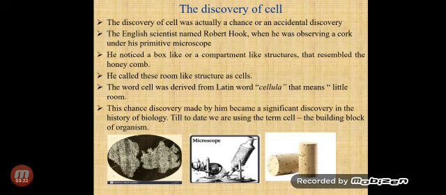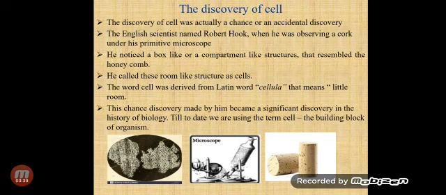He derived the word cell from the Latin word cellulae, which means little rooms. This accidental discovery later became a remarkable discovery in the field of biology, especially cell biology.